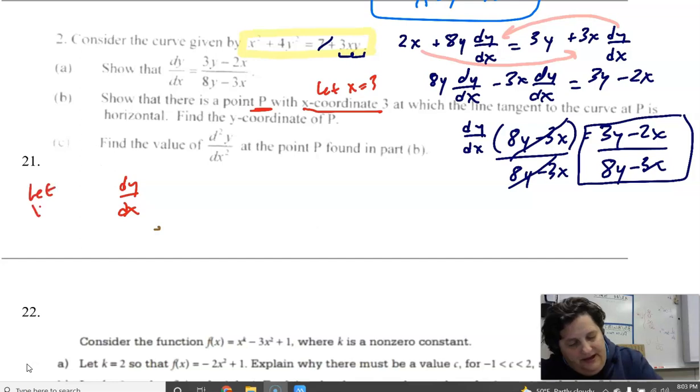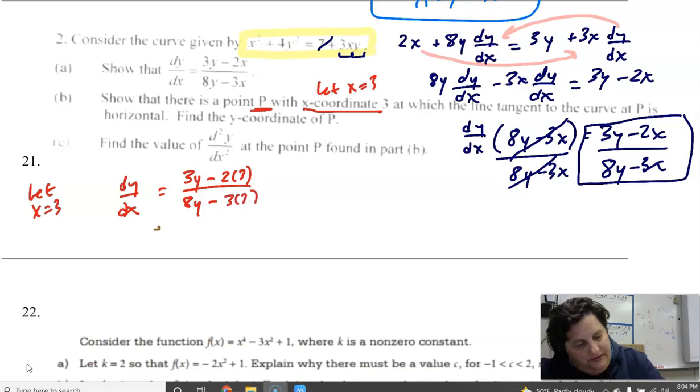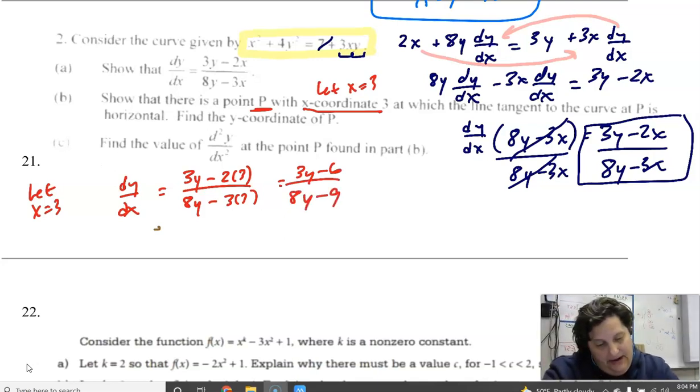Now when I plug that in, I get 3y minus 2 times 3, and then 8y minus 3 times 3. Okay? So I get 3y minus 6 over 8y minus 9.